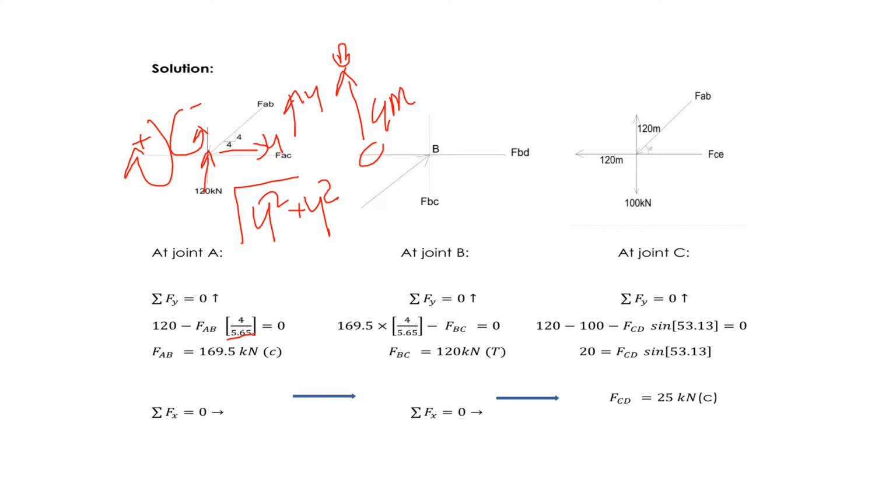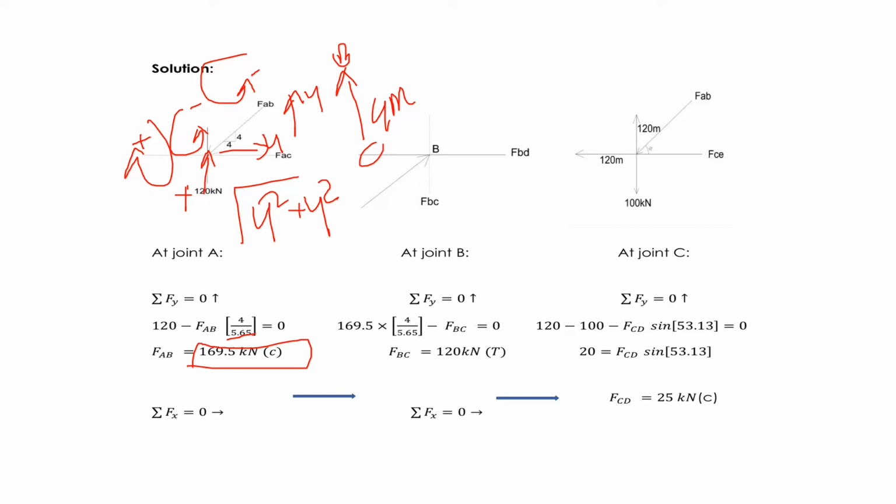Normally 120 is going upward, so it's positive, and force FAB is rotating counterclockwise, so negative. Therefore we get FAB is 169.50 kilonewton, a compressive member force. At joint B, we apply the same method to this diagram.